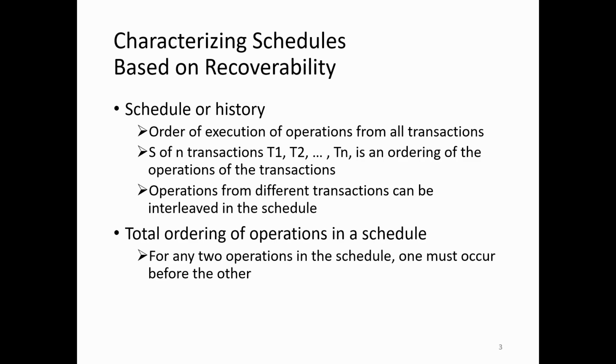So in the transaction, we first mention read item, then write item. Then in the schedule also, read item should be mentioned first and write item second. The ordering should be the same in both the original transaction and the schedule. Then we call it the total ordering of operations.